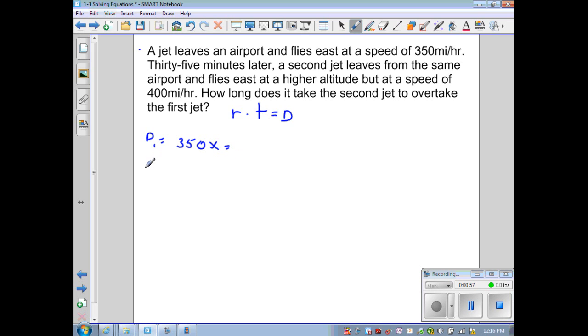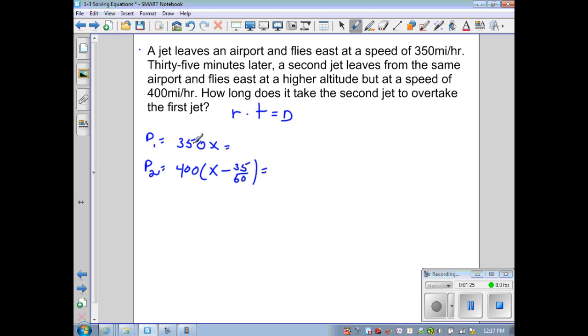That's what we want to find. P2 is going to be the second plane, and that's flying at a rate of 400 miles per hour, but it's left 35 minutes later than the first plane, or it's actually going to be 35 minutes behind or less flying time, and I'm going to do that with 35 over 60 so it can be in the terms of an hour, and that's going to be a distance.